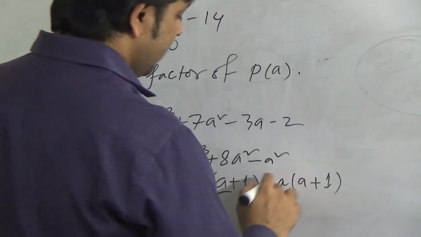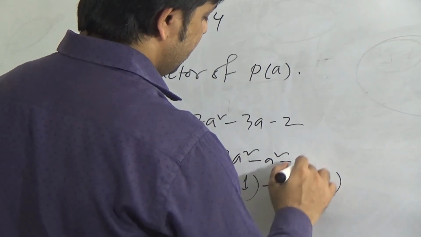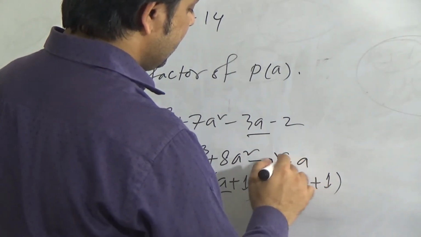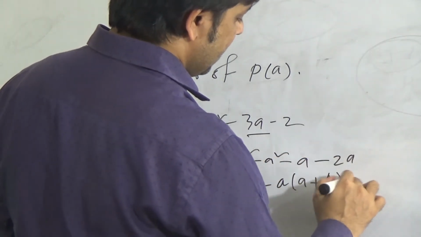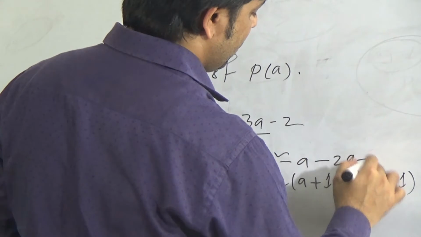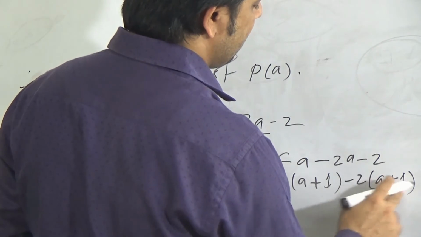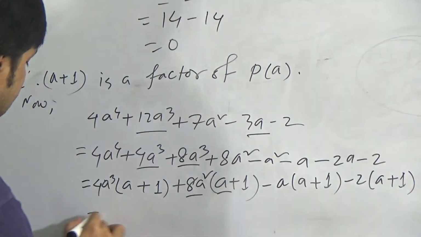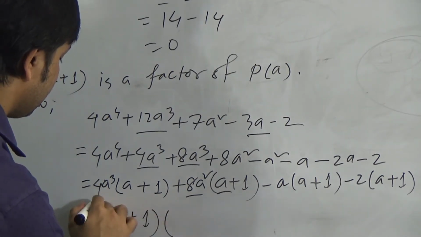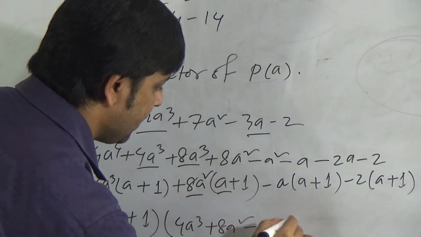Product of a and a is a square, and plus and minus is minus a. Now we need 3a, but we have got only 1a, so we need minus 2a. Take minus 2 as common, you will get a plus 2, and the product of these two gives minus 2. So we will get a plus 1 as common, and the remaining 4a cube plus 8a square minus a minus 2.